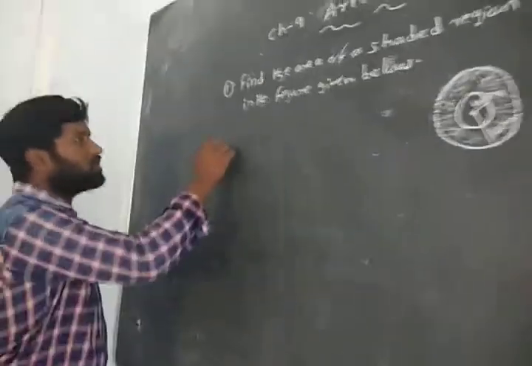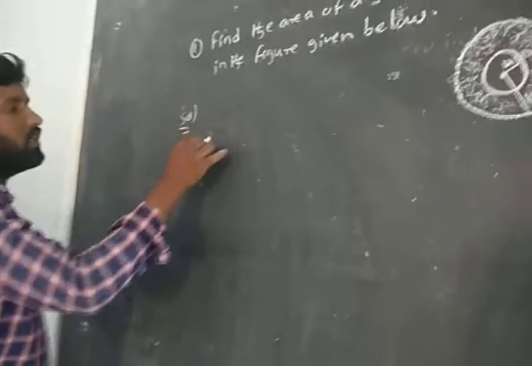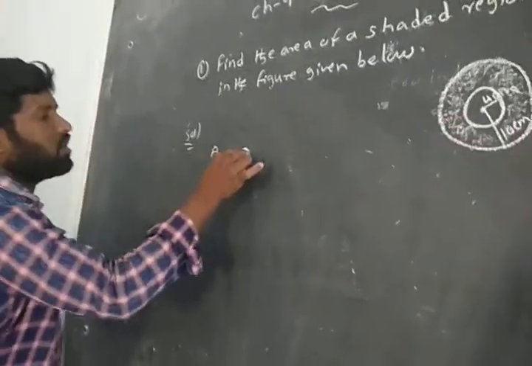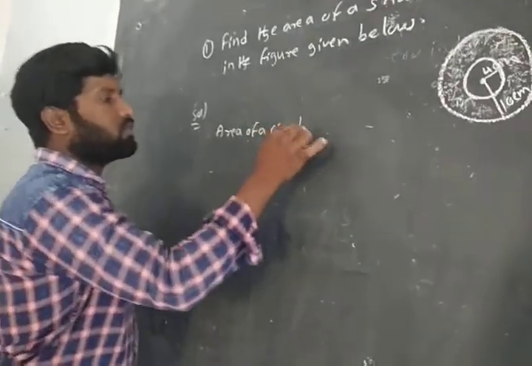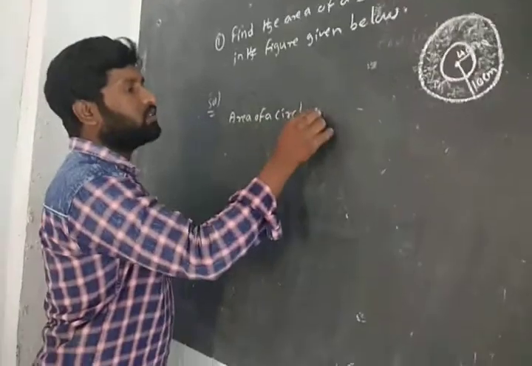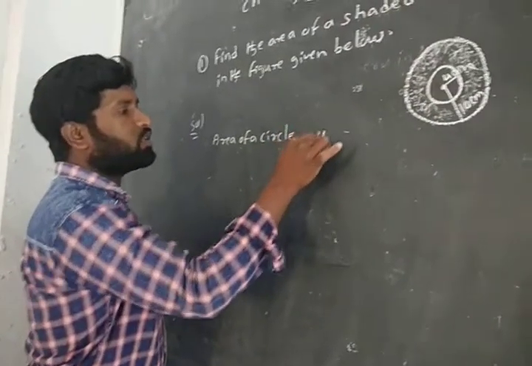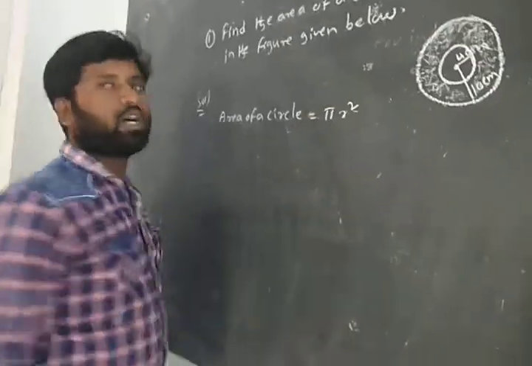Now coming to the solution, area of a circle. Area of a circle is equal to pi r square.